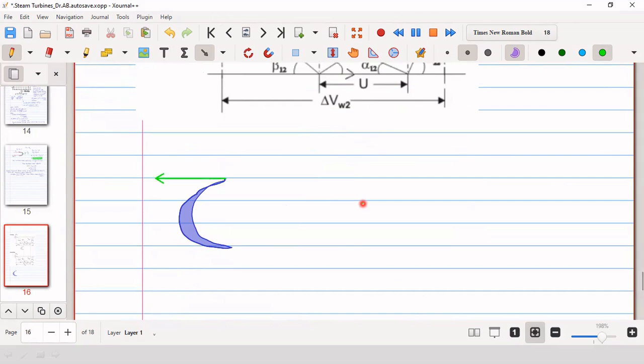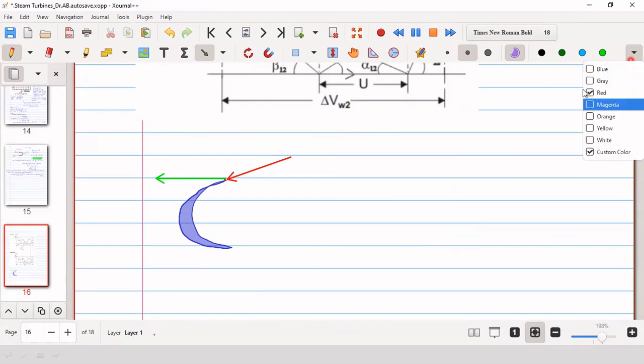Blade will move in this direction, and velocity of the steam will come in this direction, and therefore if you rotate it further like that, this is tangential to the blade, and therefore the actual velocity, that is absolute velocity, will be like this.